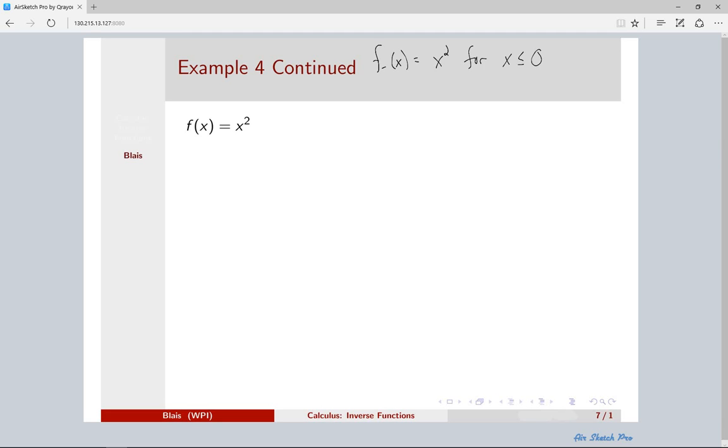And so if we draw the picture for this one, this is our f minus of x. And if you think about inverting this, what will that look like?